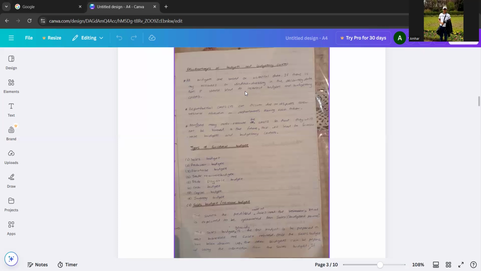Now, another thing, sometimes managers may underestimate revenue. If they underestimate revenue, the budget figure is false, right? When managers underestimate revenue, it means that they are showing a low value for sales, so the budgeted figure will be false.